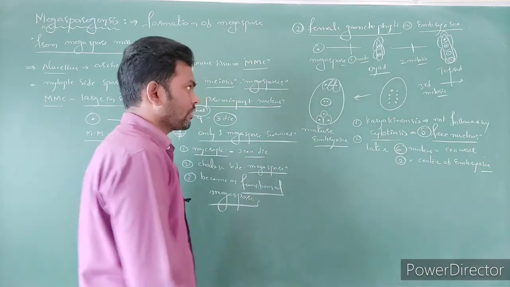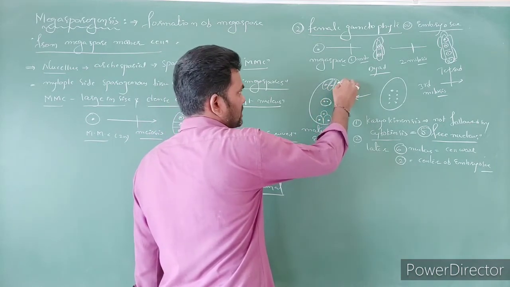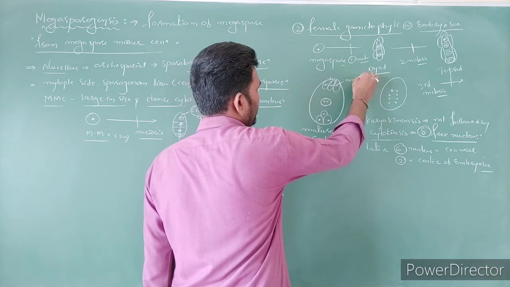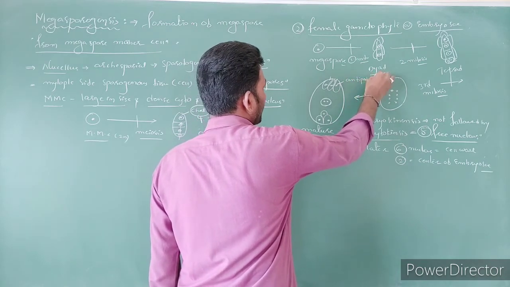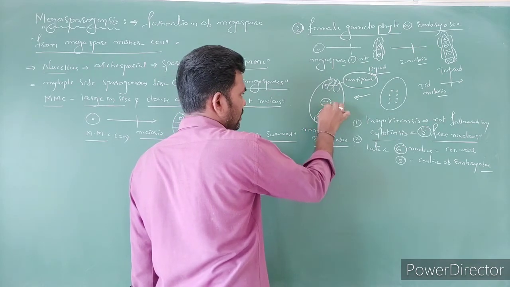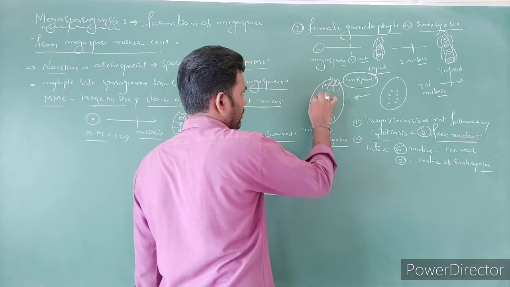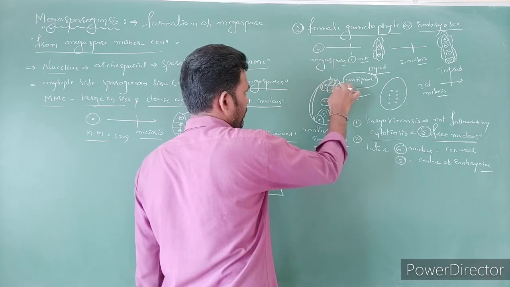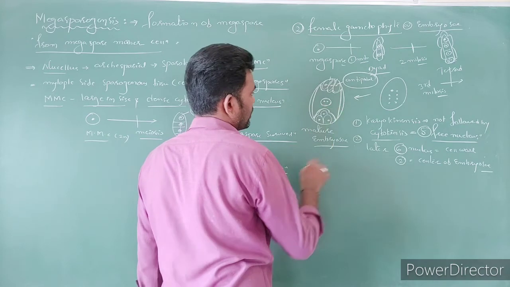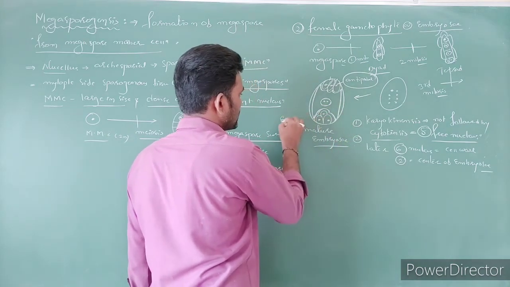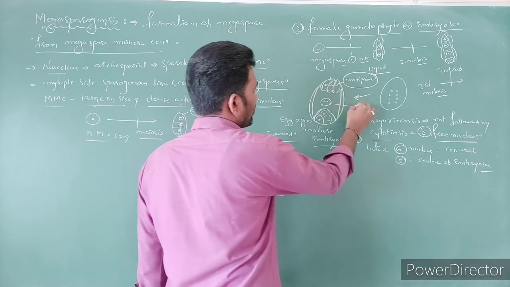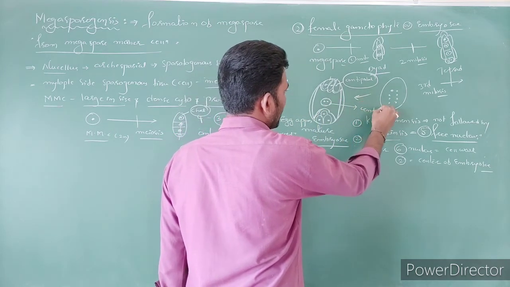Right? Now these 3 cells we can call antipodal cells, and these 3 cells we can call the egg apparatus, and this middle one we can call the central cell.